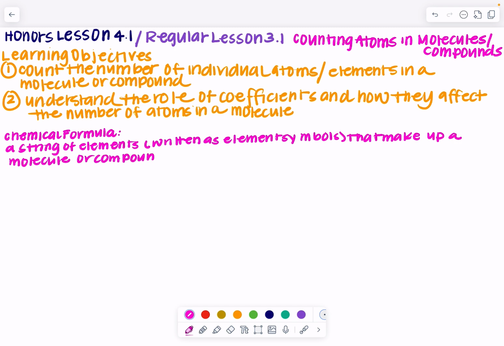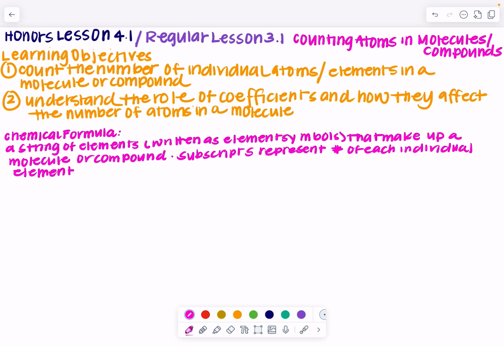Now, there doesn't necessarily have to be just one element symbol or one element. We use the term subscripts to represent the number of each individual element.